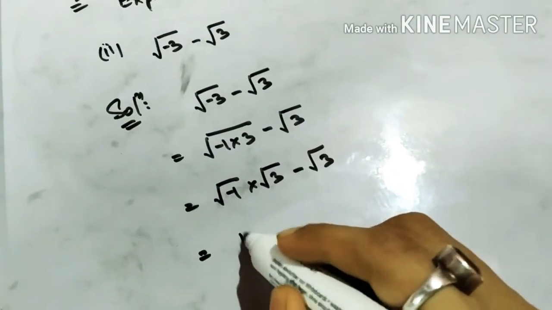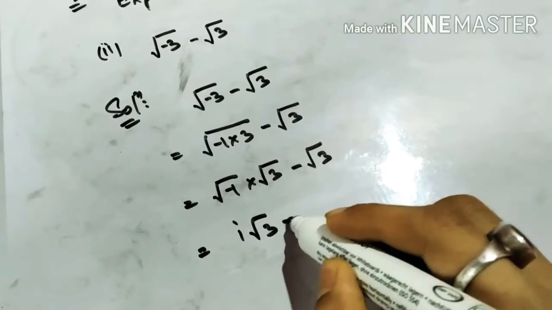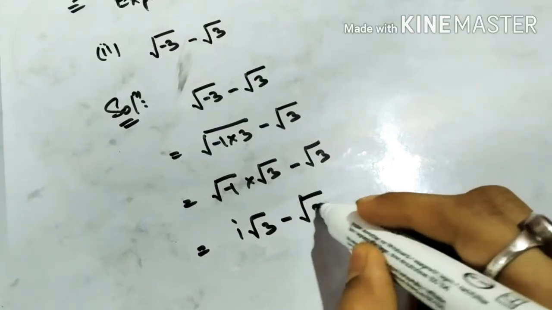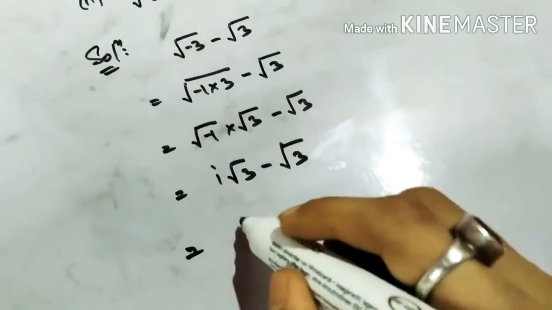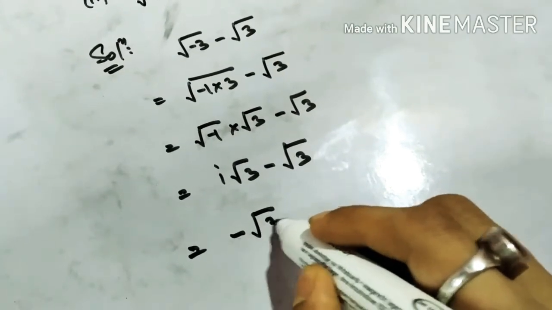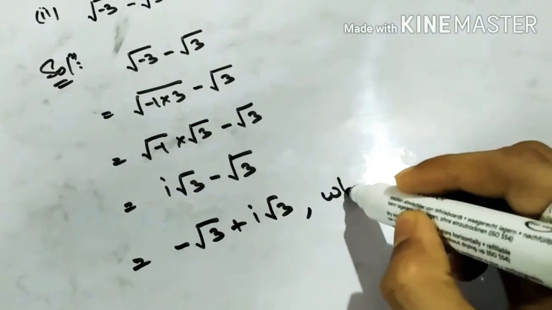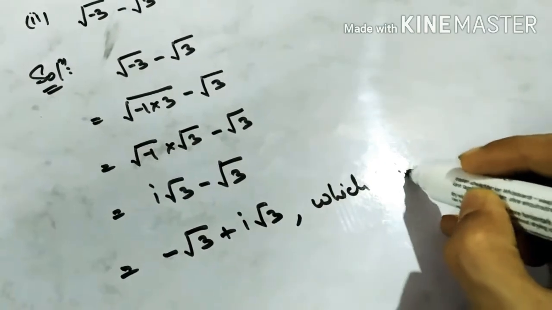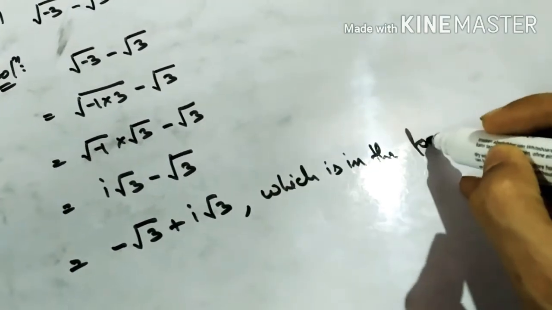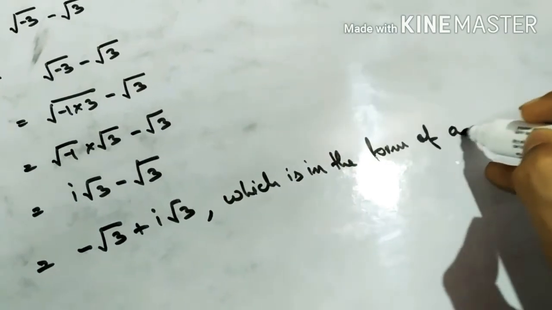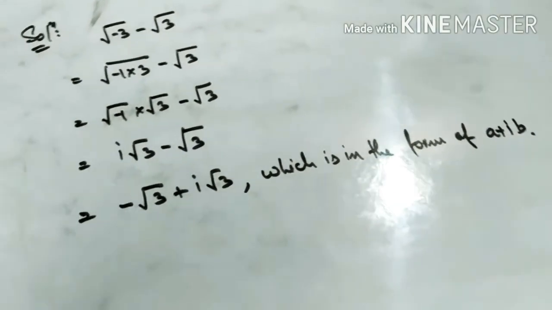So this will become i√3 − √3. This same thing I can write in the form −√3 + i√3, which is in the form of a + ib.